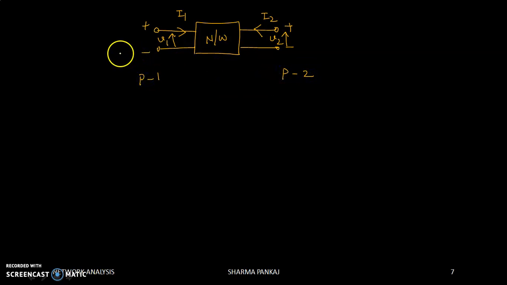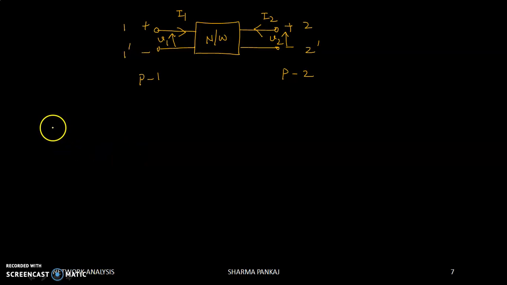V2 is defined, I2 is defined inward, I1 is defined inward, and V1 is defined. We have port number 1 and port number 2, with terminals 1 and 2, and terminals 3 and 4.